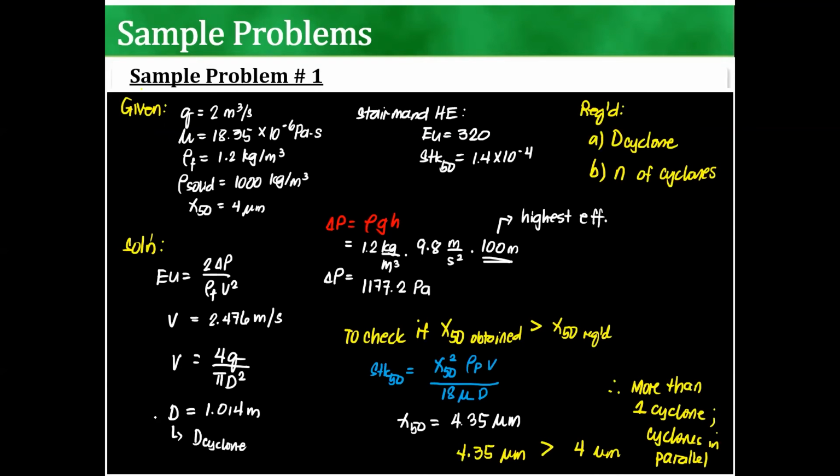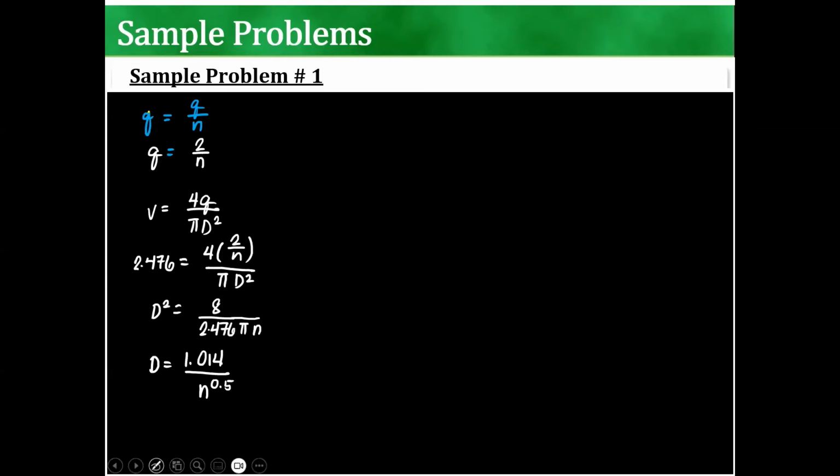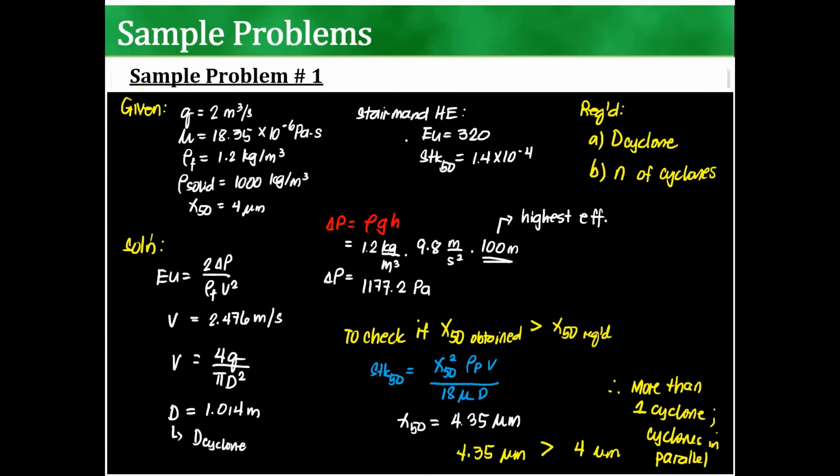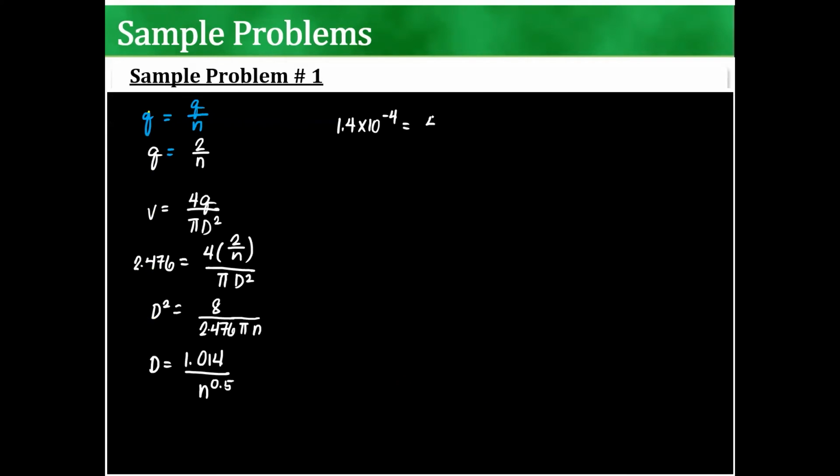So for it to work with the Stokes of 1.4 times 10 to the negative 4, because it's high efficiency, for the X50 here we cannot use the actual X50 of 4.35 because it's more than what it is designed for. Therefore, what I will be using is the 4 microns that's provided.